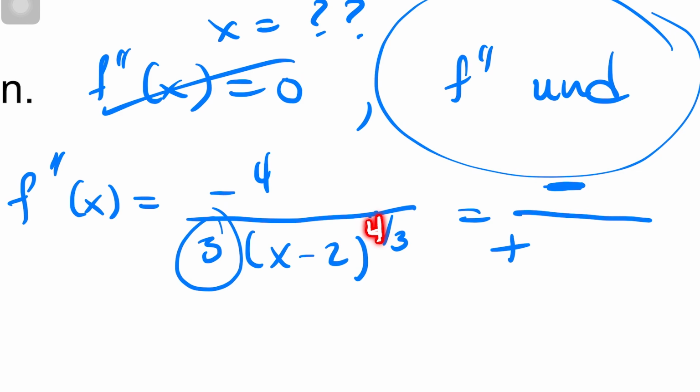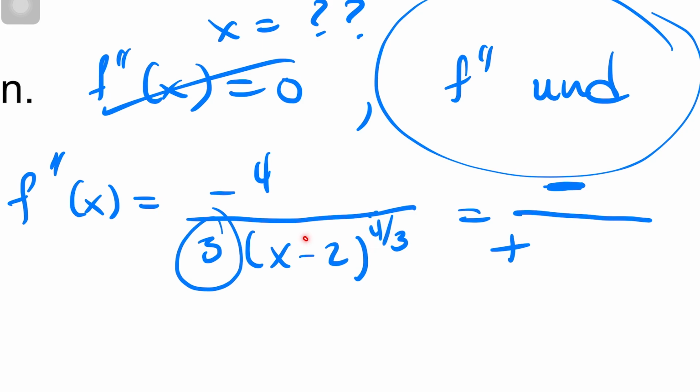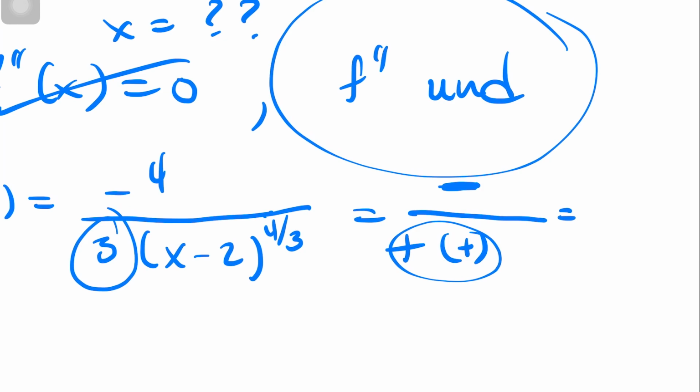Remember, fourth power, anything that's even power is going to make this be positive. Always. No matter whether this is a negative number, fourth power, right, the number that is on the numerator, if that's an even number, then this is going to turn this positive. So what I'm saying here is that this is going to be positive. So basically the bottom part is positive, and the top part is negative. So negative over positive is negative.